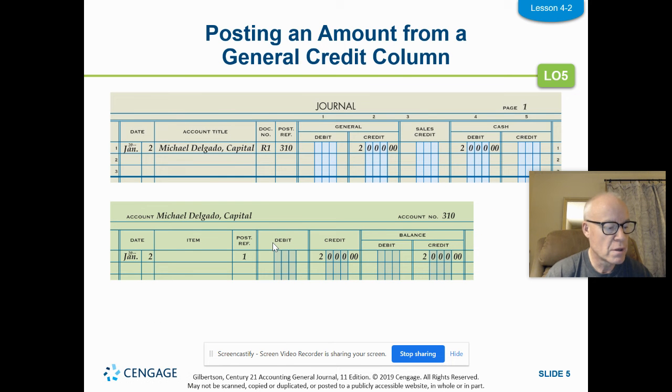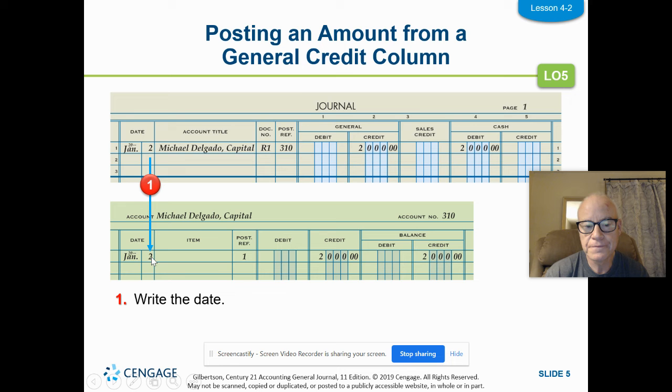All right. Here we have another transaction. This looks like we put money into our business, into Michael Delgado Capital. Again, capital has a normal balance of credit when we increase the value of our business. So we're going to write the date, January 2nd.